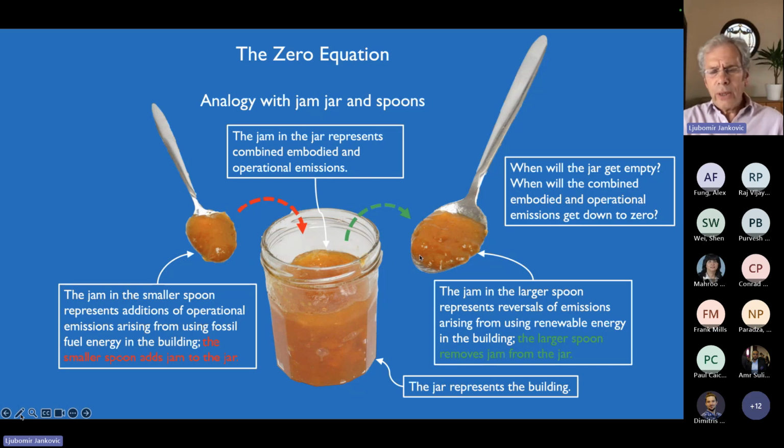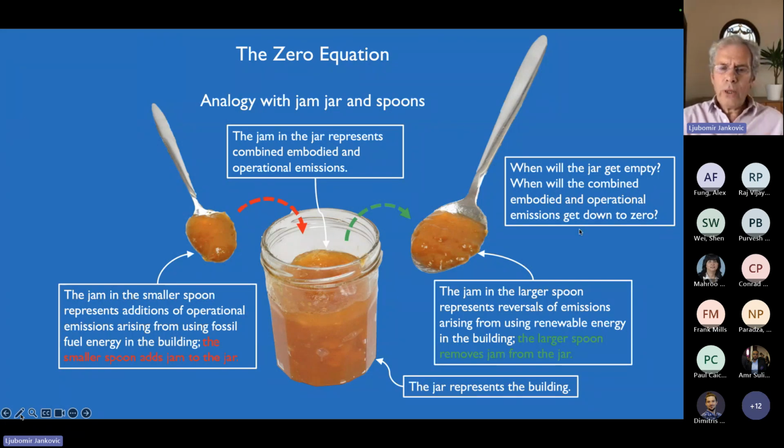And then there is a larger spoon that represents renewable energy that removes the jam from the jar. The question is then, when is the jar going to get empty? When will the combined embodied and operational emissions get down to zero?